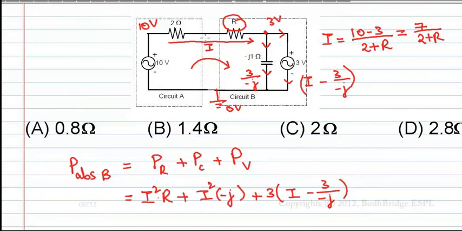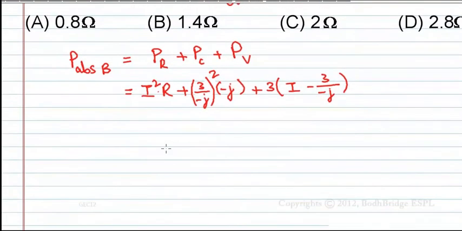You understood how I am doing? Current I is 10 minus 3 by 2 plus R, that I found as 7 by 2 plus R. Power absorbed by resistor is I square into R, and by capacitor I square into minus J, plus 3 into I minus 3 by minus J. The current passing through the capacitor is 3 by minus J. Now, what is I?